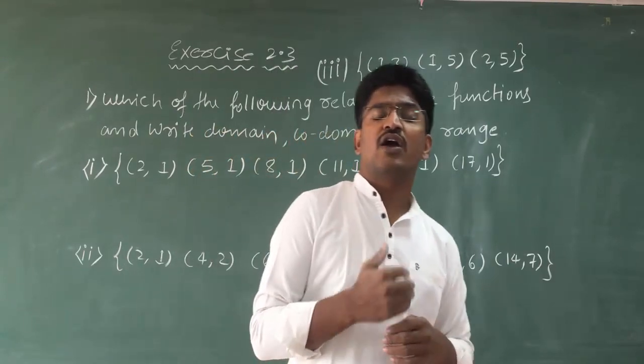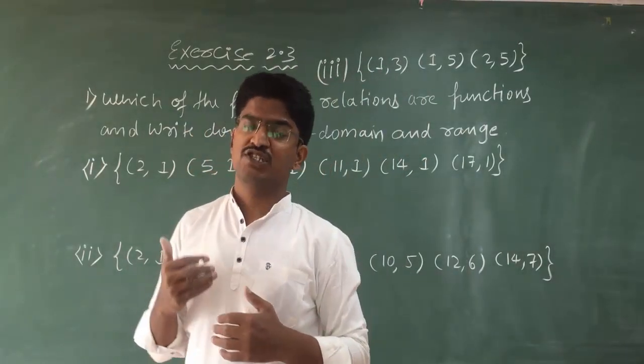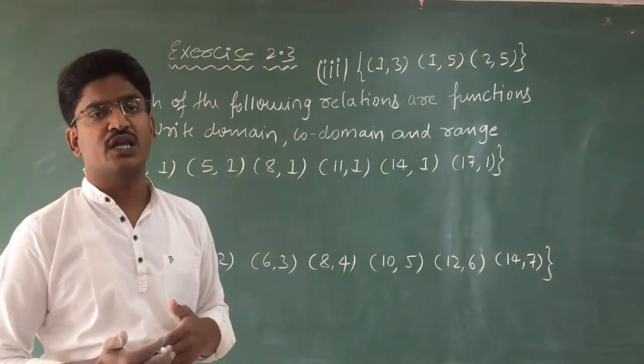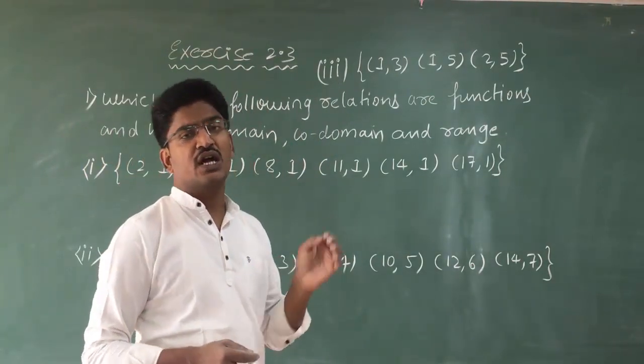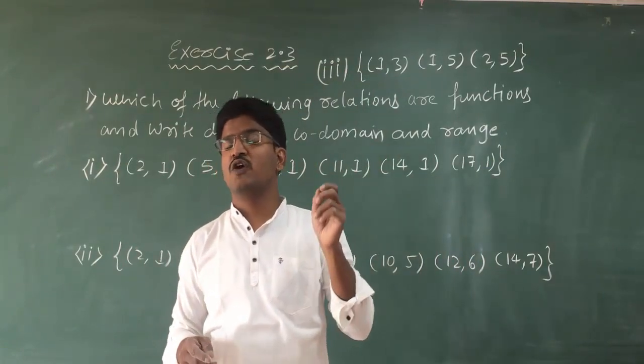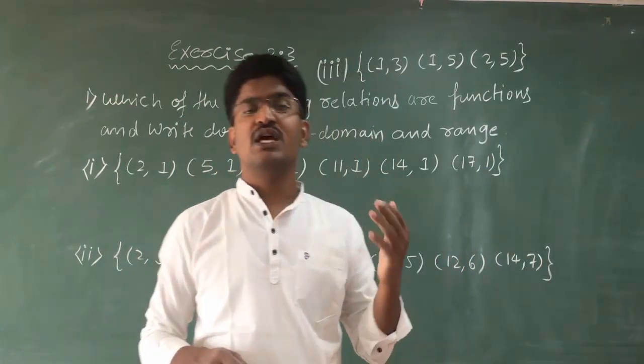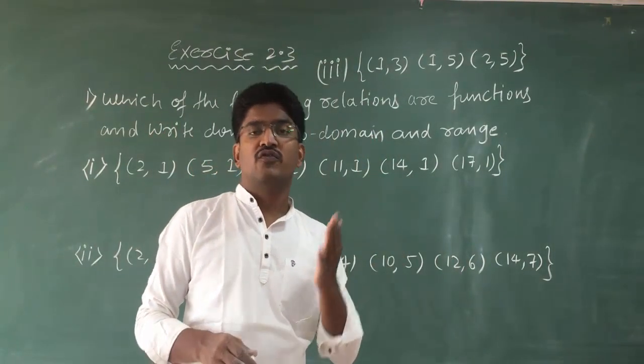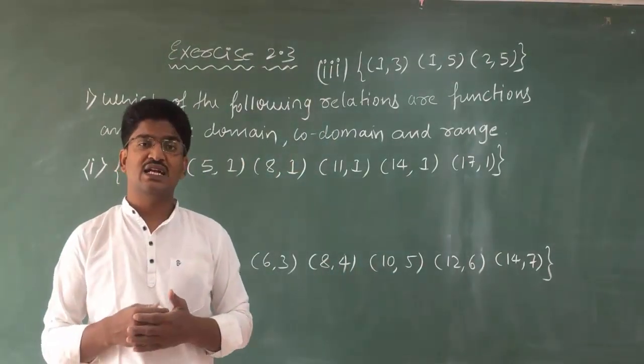I have gone through the definition of relation, the definition of function, and I have discussed the condition for a relation and the condition for a function. Clear? How relations become functions, I have already discussed.